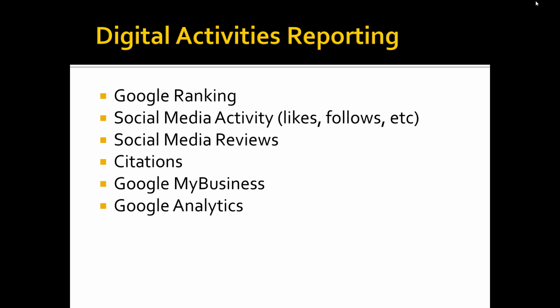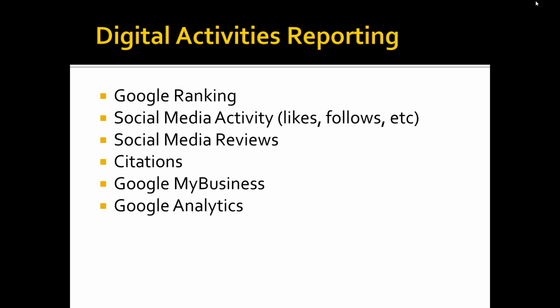Now with digital activities, there's so much information available, and it can be like looking at an encyclopedia. But you know, if you set it up smartly, it's pretty straight ahead, and you can make decisions based on it.